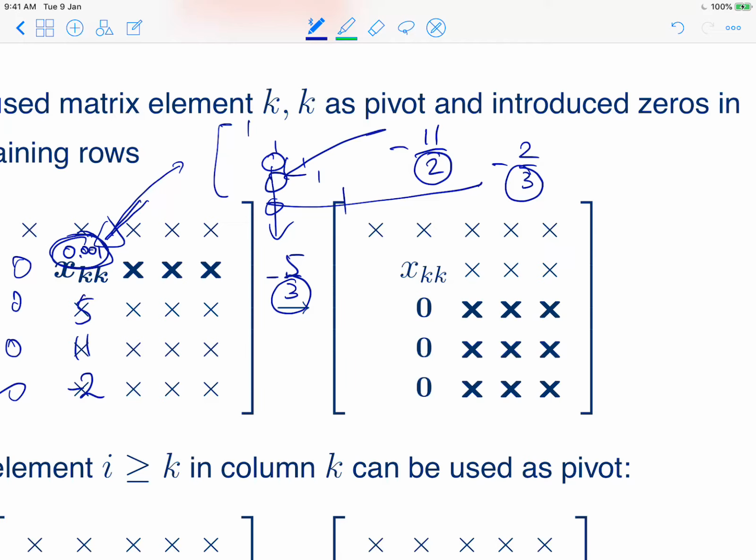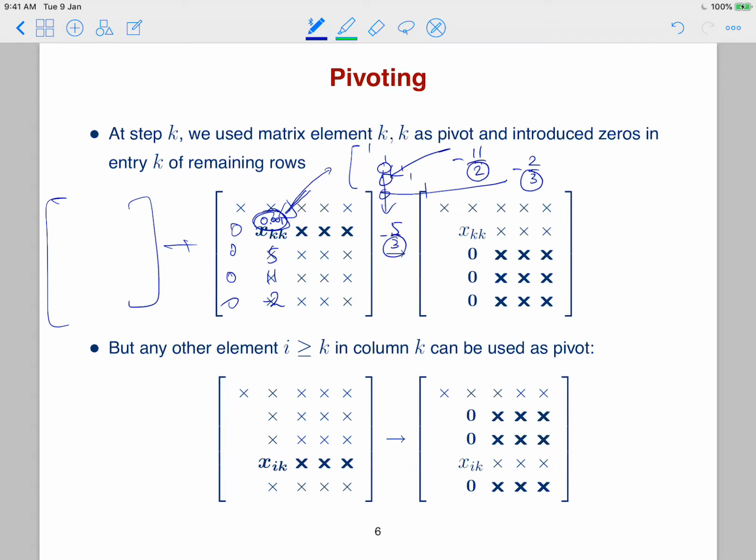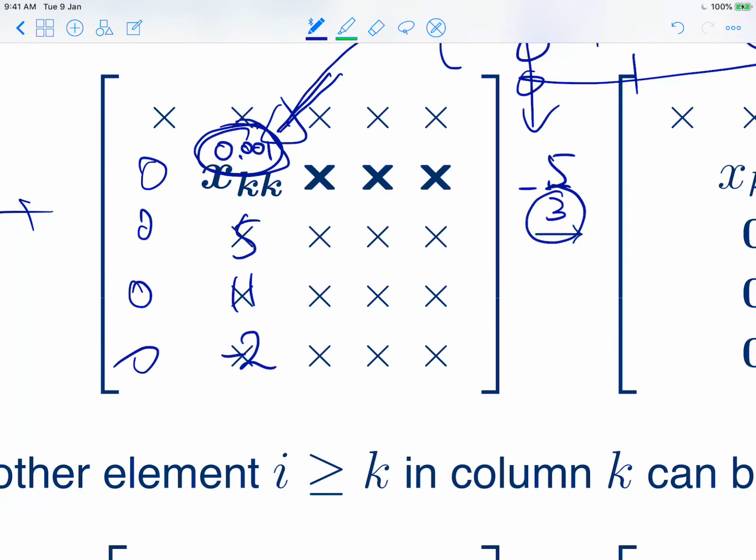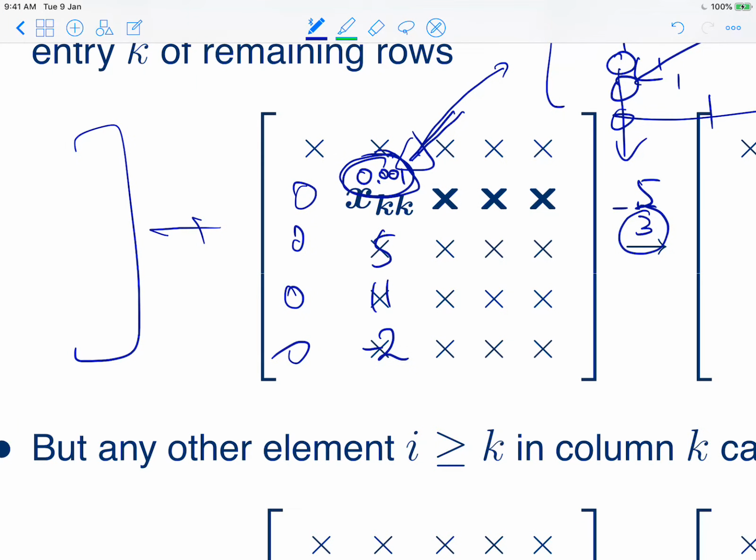So in this case, we can think of something called pivoting. Pivoting means, let me be a little bit more flexible when doing this LU factorization.